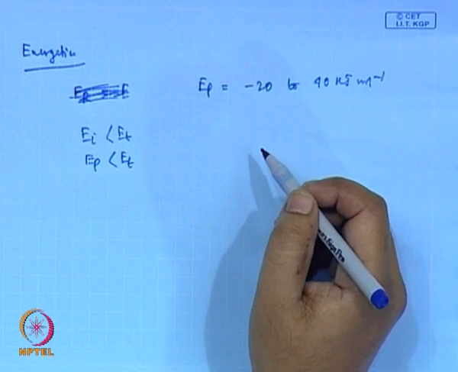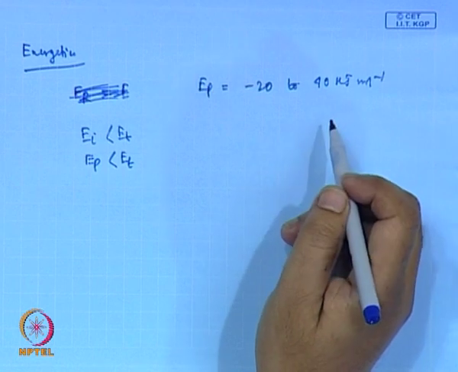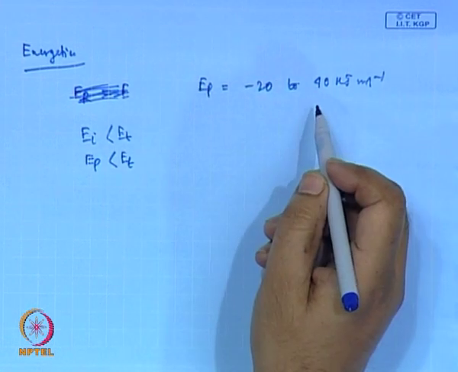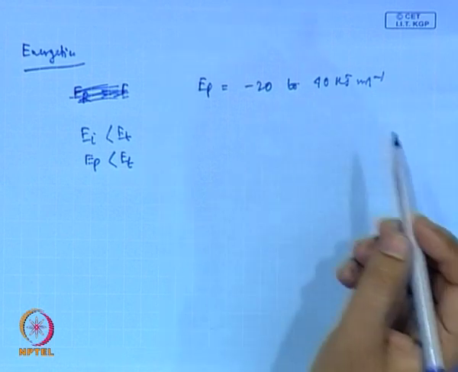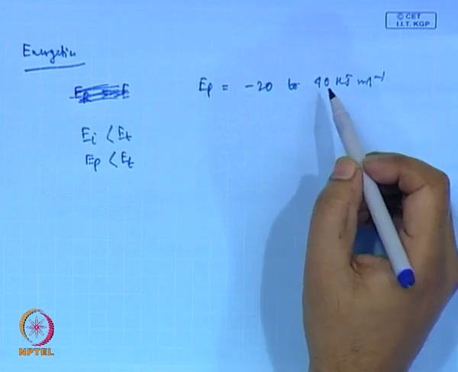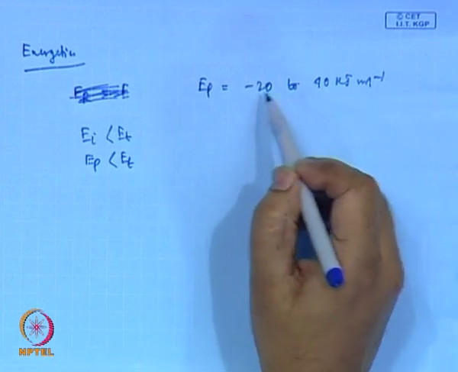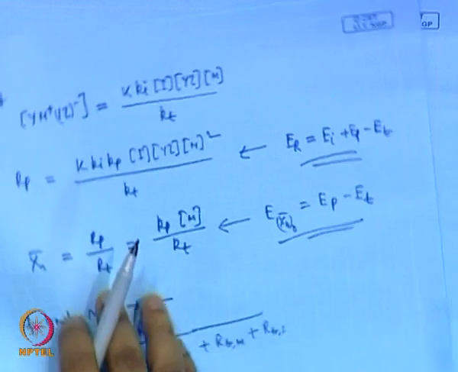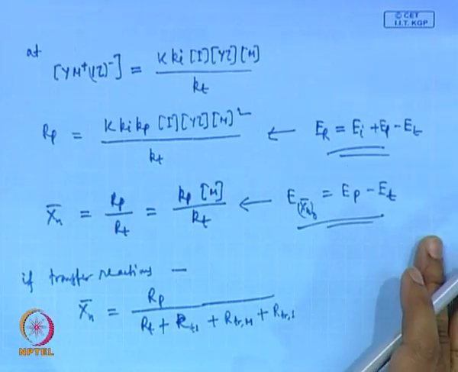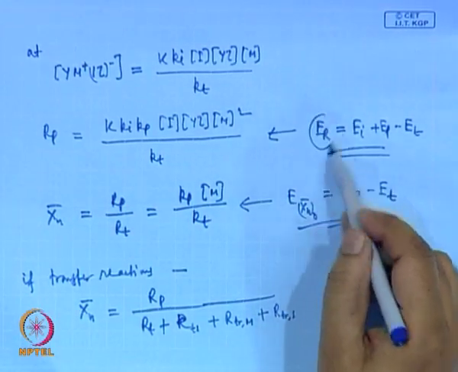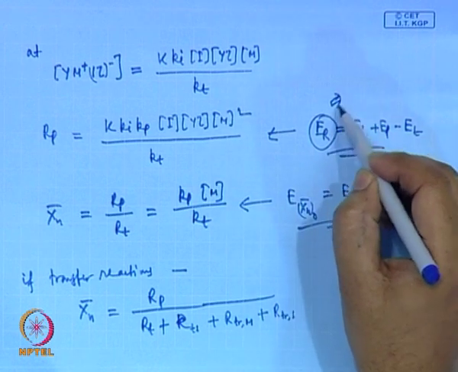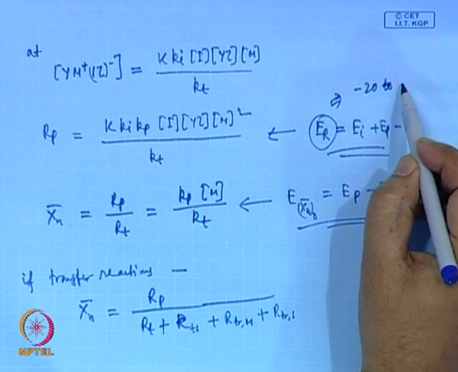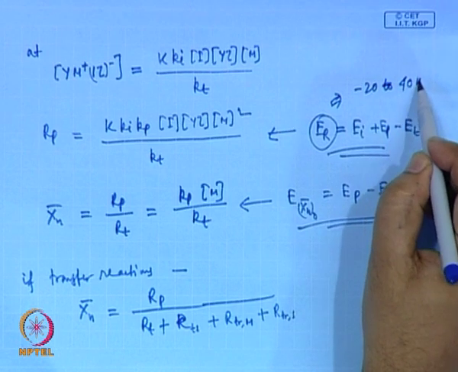And this ER value can be positive or negative, typically from minus 20 to 40 kilojoule per mole.